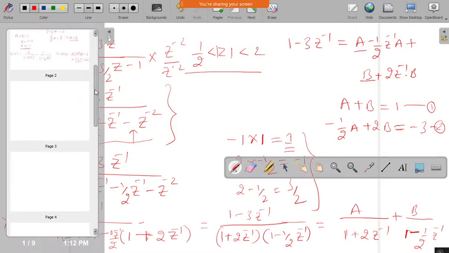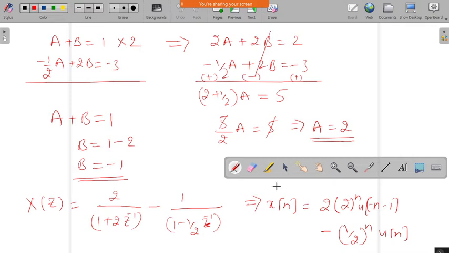This is the answer. If anybody has any doubt in this, or if you got this answer? So x of n is minus 2 into minus 2 power n. Here we got 2 by 1 plus 2 z inverse.